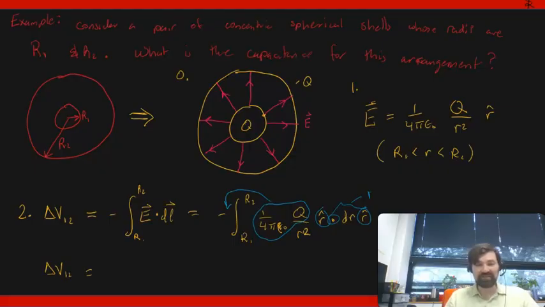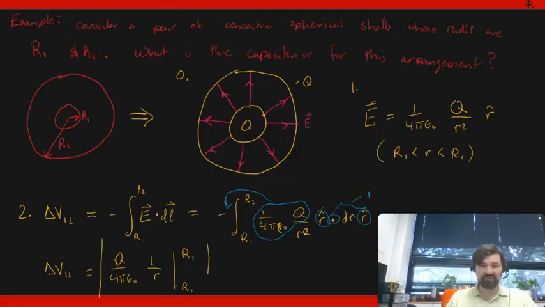And so my delta V should be 1 over 4 pi epsilon naught times q times 1 over r, evaluated from R1 to R2, bearing in mind that we don't especially care what direction we're going in, because we could choose to go from outer to inner, or from inner to outer, so we just pick whatever makes this whole thing positive.